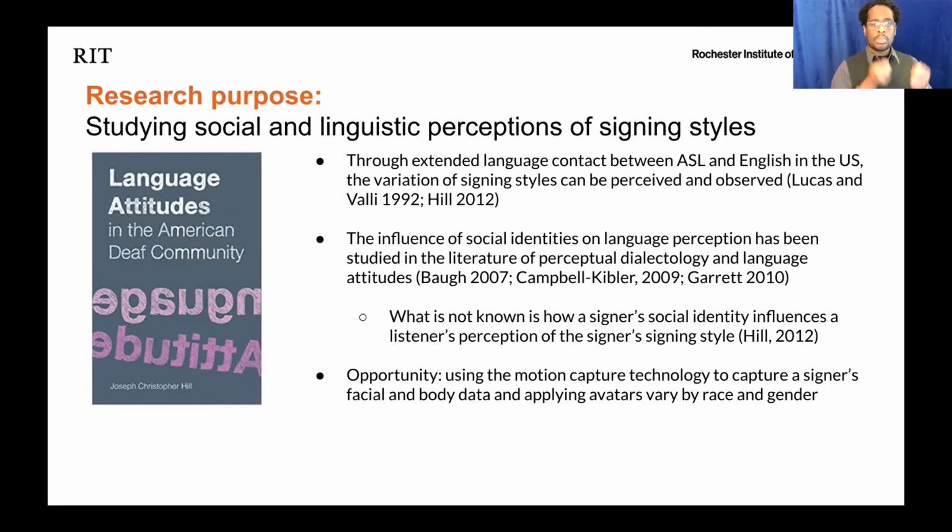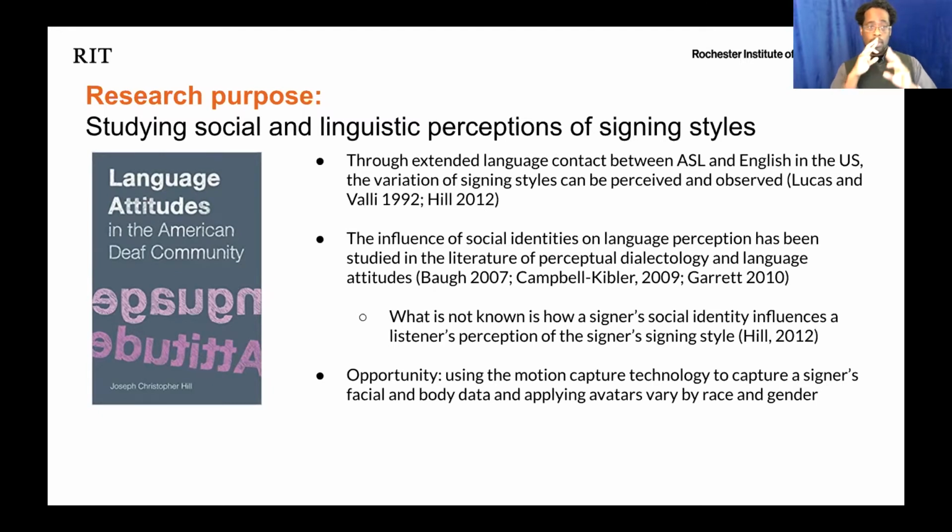We would like to be able to manipulate signed language users as you can with spoken language. You can manipulate spoken language to make it sound like a male or a female or someone with an accent. You do not have to see a person, you can listen to them and envision what they might look like. With sign language, it's very difficult to take the person away from the signs.